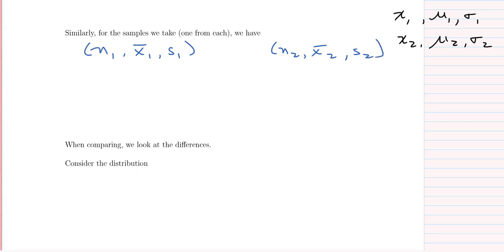Remember that n1 and n2 are our sample sizes, x bar 1 and x bar 2 are the sample means, and s1 and s2 are the sample standard deviations. This is the data that we have, and so this is the data we'll compare.